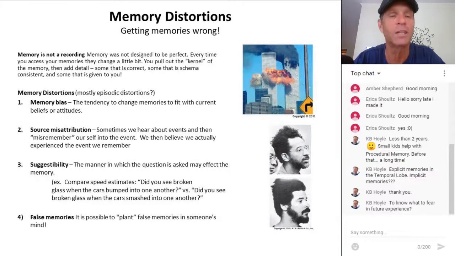So what I did was I had you bring your memory into conscious awareness, but I gave you a hint. I used the word bump, or I used the word smashed, and that hint caused you to change your memory in a systematic way. Does that make sense?